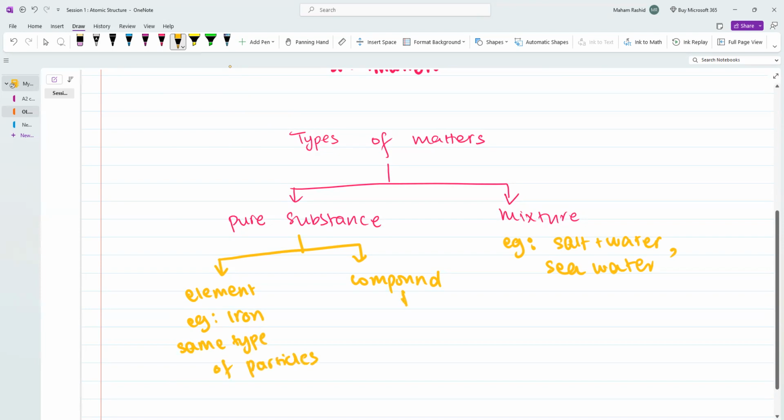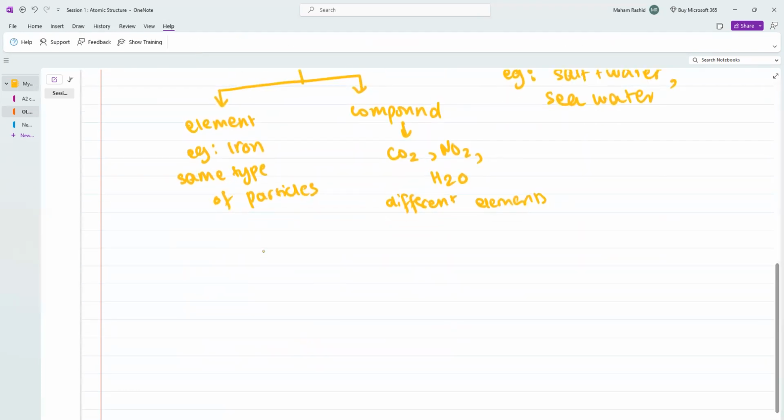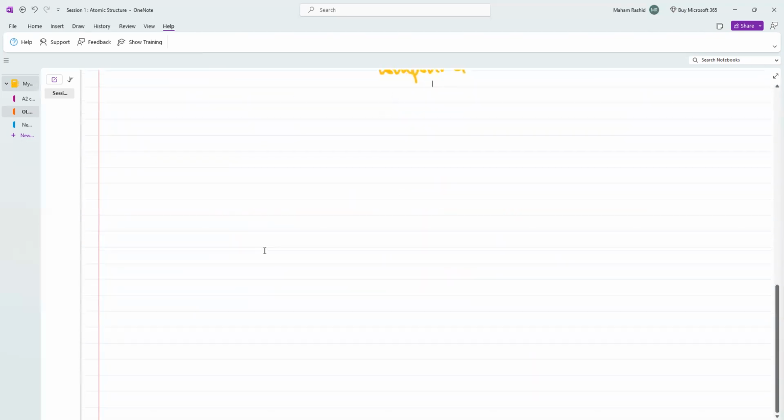While when we're talking about compounds, we could talk about carbon dioxide, nitrogen dioxide, or water. These have different elements that make a compound.